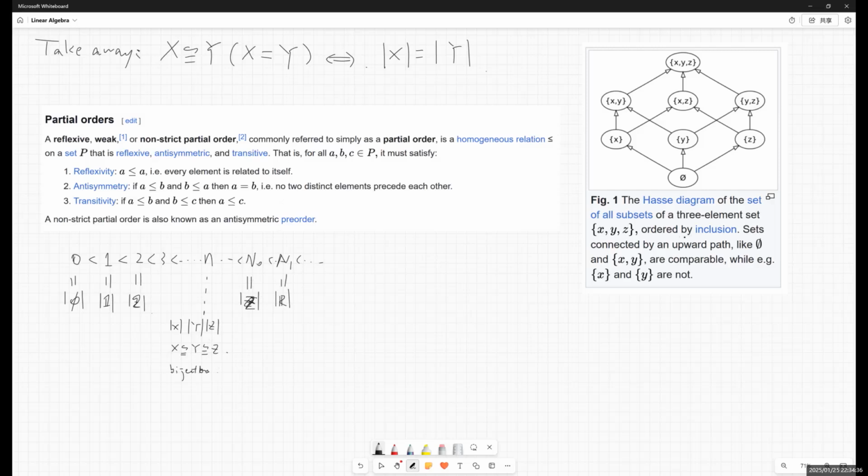We can observe that there's a relation between those cardinalities, their numbers. At the beginning, they are natural numbers, then infinite, different kinds of infinity. So they're not simple numbers, but they still can be compared.